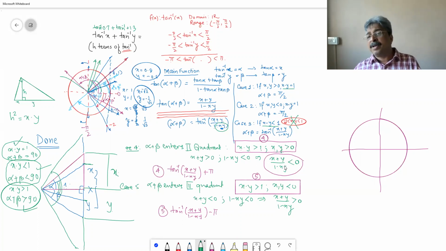Especially whenever the problem is designed for tan inverse plus tan inverse, the problem is made difficult. It is not easy, because otherwise everybody will get the answer. It is made difficult, therefore the total angle will either enter the second quadrant or the third quadrant. Therefore you have to be extremely careful. Okay, so hope you have understood this.